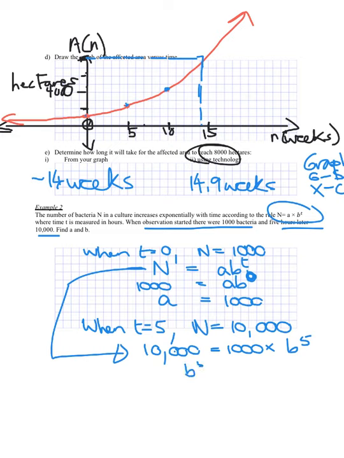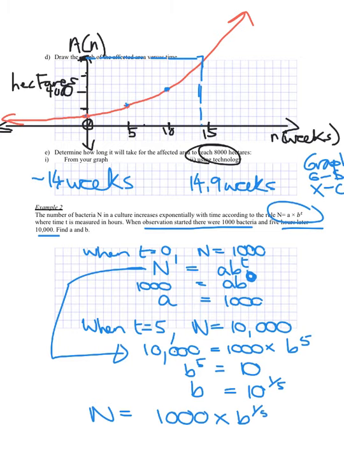If I divide both sides by 1,000, I get that b to the power of 5 is equal to 10. Therefore b is equal to 10 to the 1/5. You're taking the 5th root of 10 in order to find b. So therefore n is equal to 1,000 times b to the 5th.